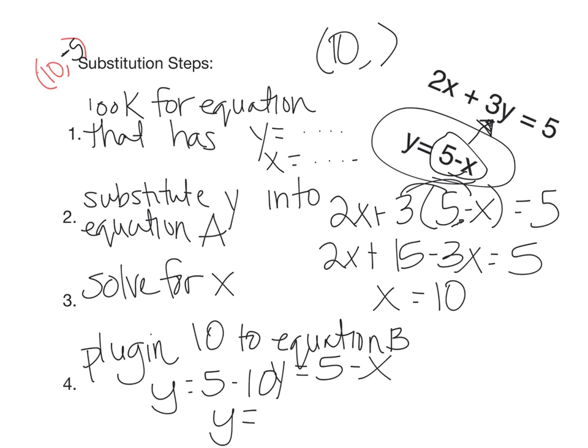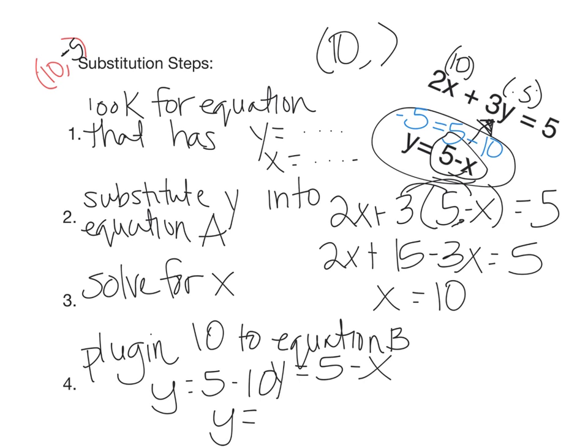So that means that my solution, my ordered pair, plugs into both equations. I could put 2 times 10 plus 3 times negative 5, and I would get positive 5 out. Or I could do y, negative 5 equals 5 take away 10, and that would equal each other.